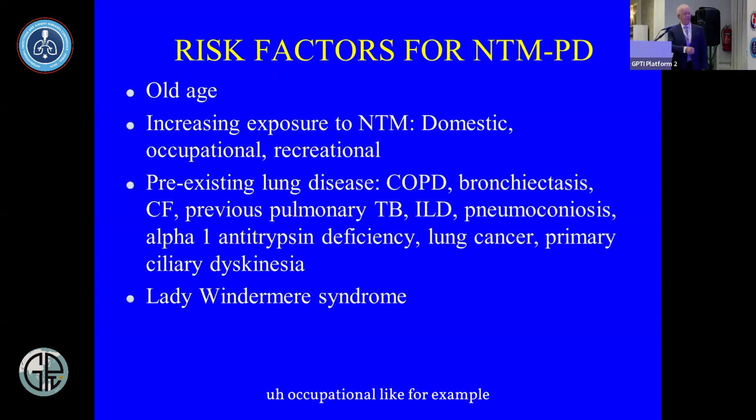Occupational, for example people who work in mining and farming. Recreational, for those who have, for example, swimming pools, or showers, or things that generate aerosols. The major one, the main one that we're talking about today, is the pre-existing lung diseases, and the first four are the major ones: COPD, especially those patients who have really bad COPD with some bullae formation, bronchiectasis, CF, and previous pulmonary TB.